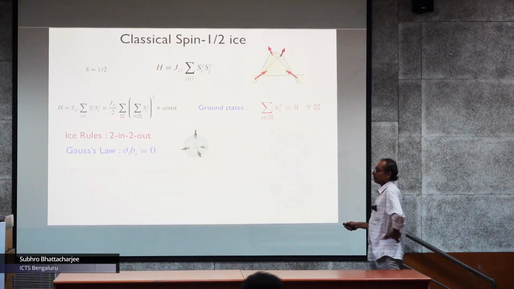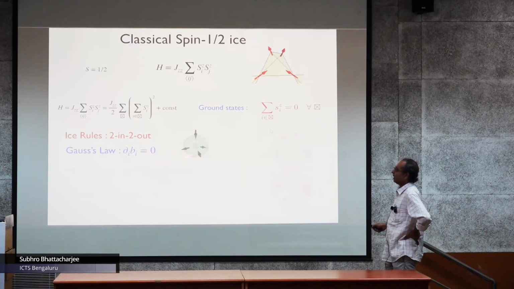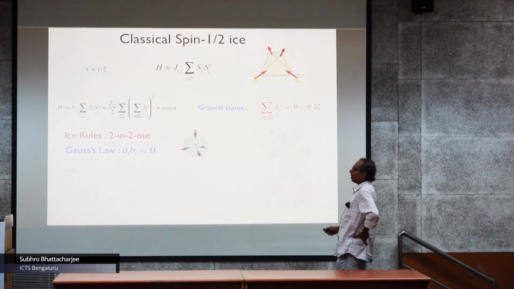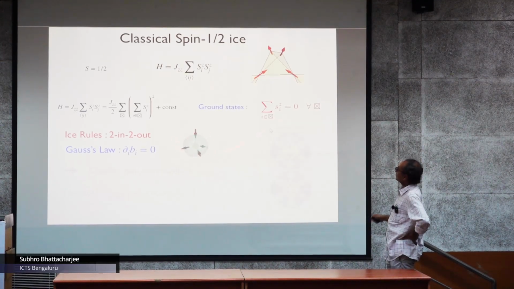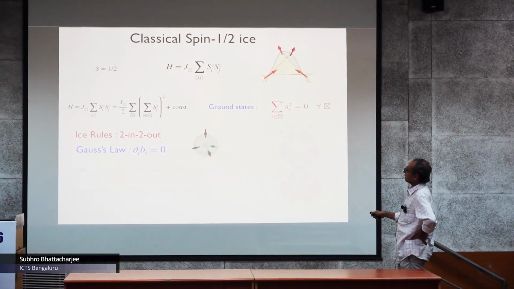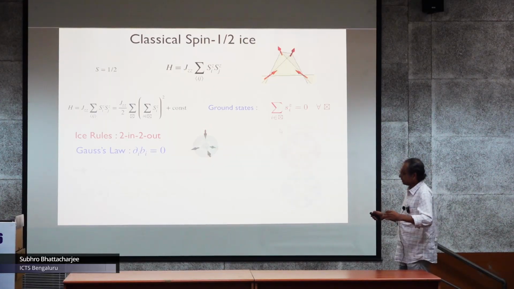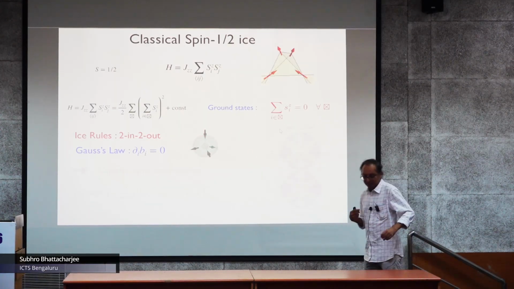That goes by the famous name, the ice rules, the 2 in 2 out rules, which is in a disguised form a Gauss's law, where you can think about drawing a surface around this tetrahedron and think about a fictitious magnetic field such that the total flux of this magnetic field in this 2 in 2 out configuration is 0.